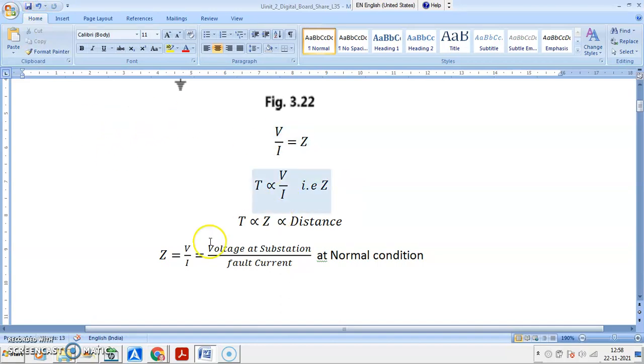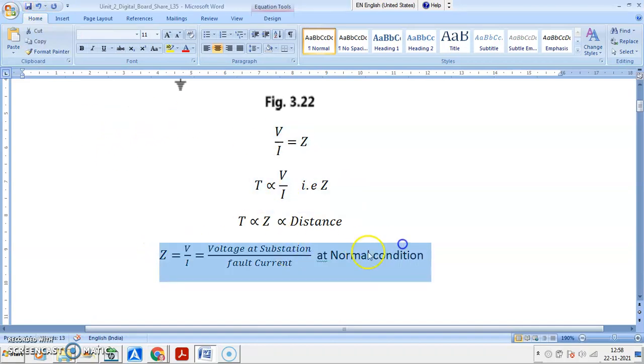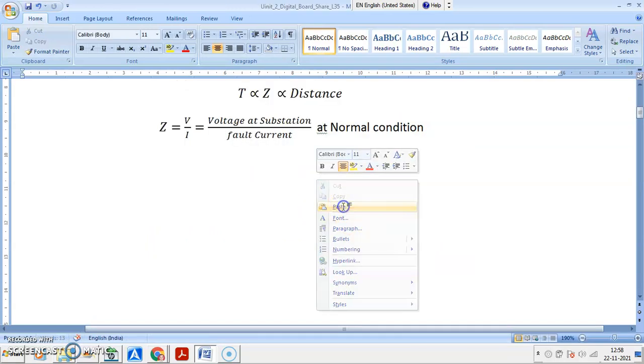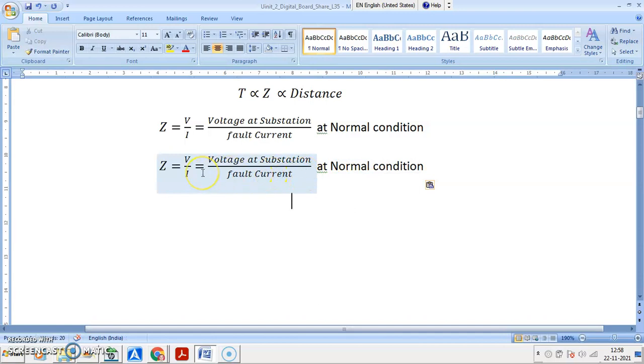Then when the relay operates, whenever there is a fault, the fault current changes, voltage changes. Okay.